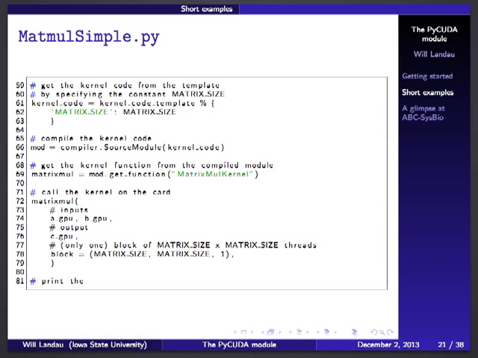So matrix size lives in what looks like a dictionary, and I'm using this function kernel code template % to create that, and that dictionary lives in this object kernel code. And when I create this source module out of this, I'm going to pass in kernel code.